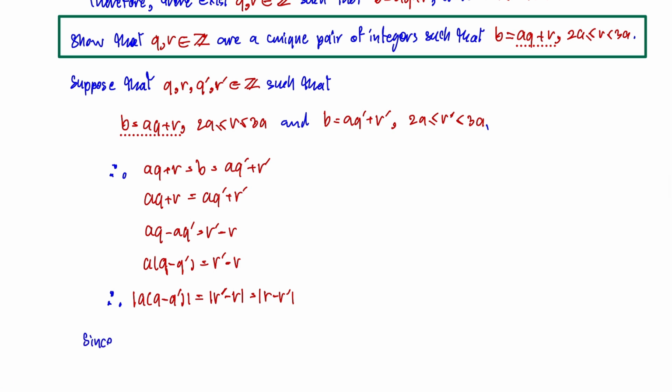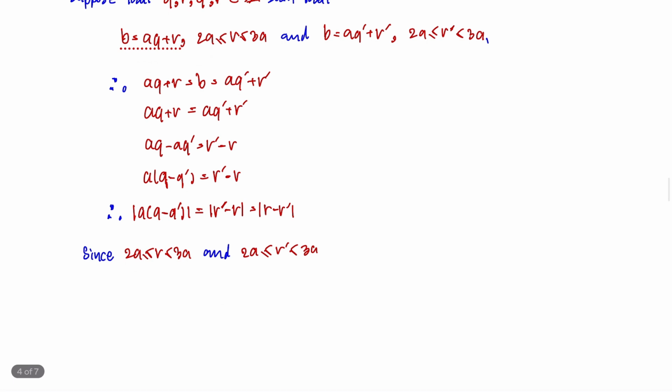Since R is greater than or equal to 2A and less than 3A, and R prime is greater than or equal to 2A and less than 3A, since we have minus R prime right here, we're gonna have minus 3A less than minus R prime less than or equal to minus 2A.